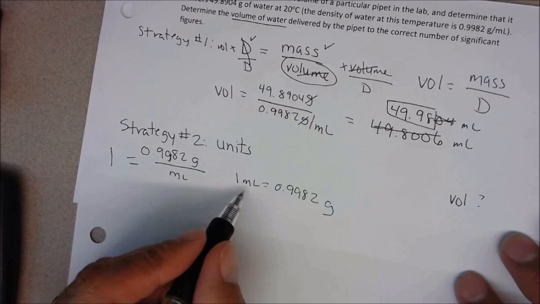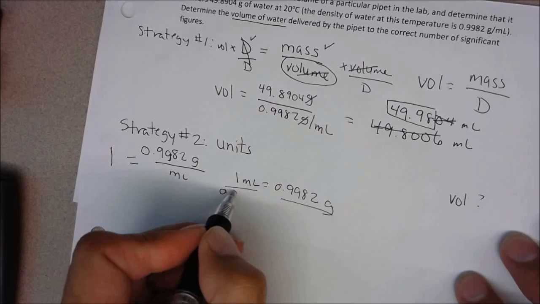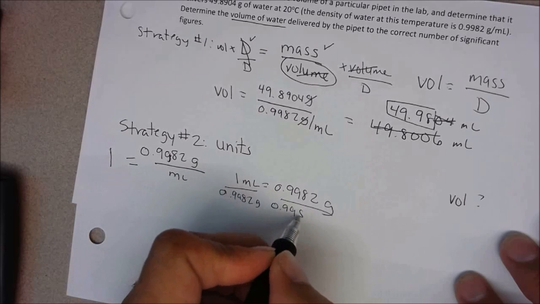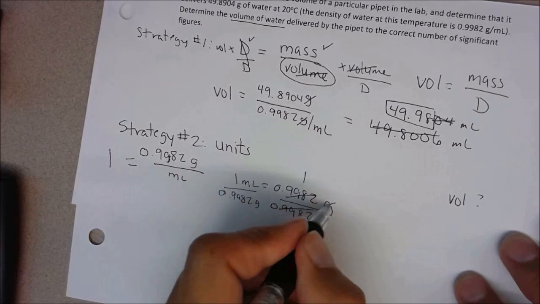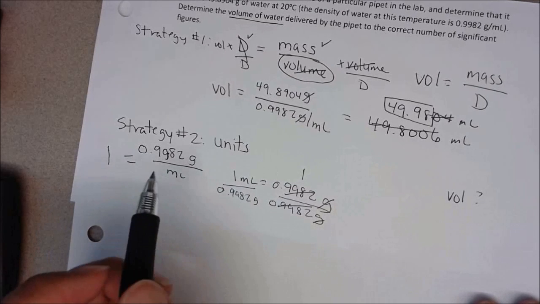And it is equally legal to now divide both sides by that gram. And since I'm doing it to both sides, this side now is 1. So I can basically flip over that ratio.